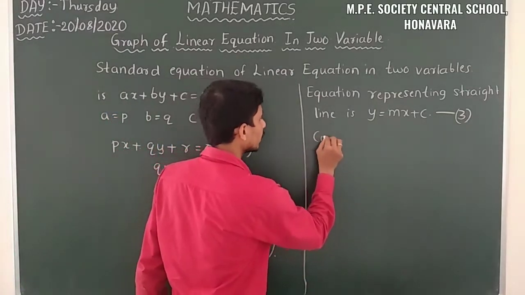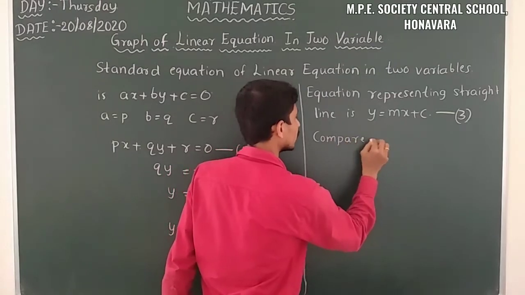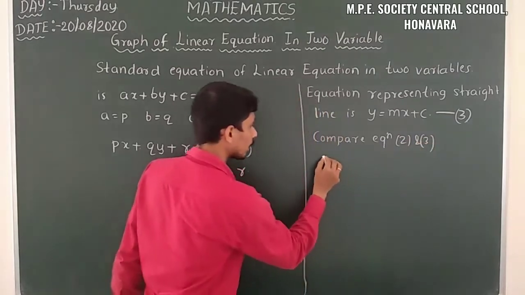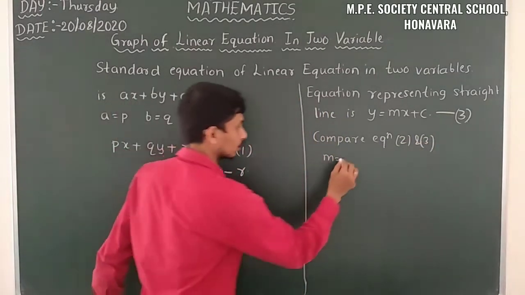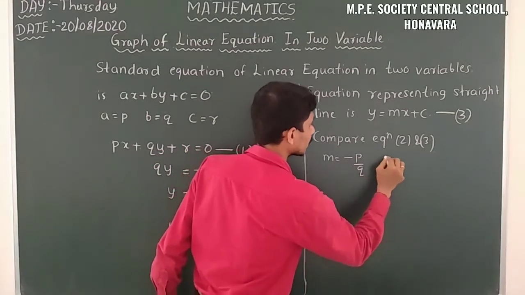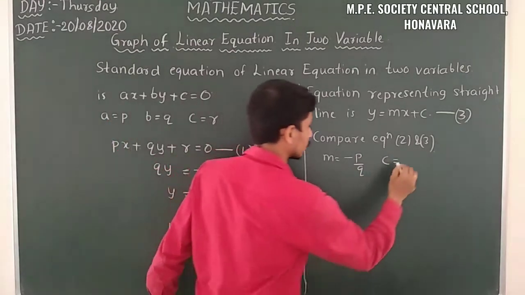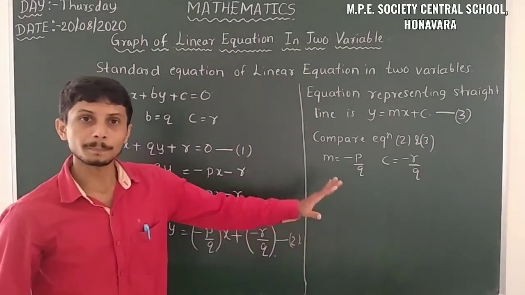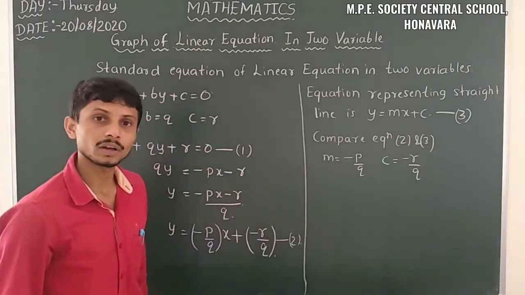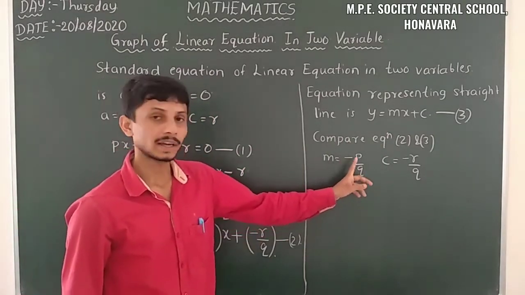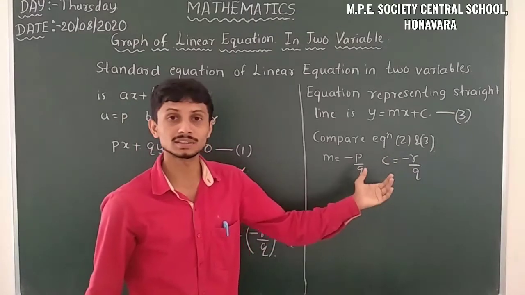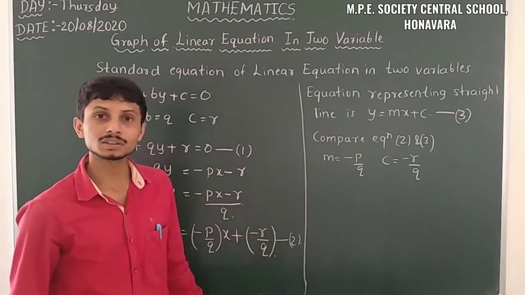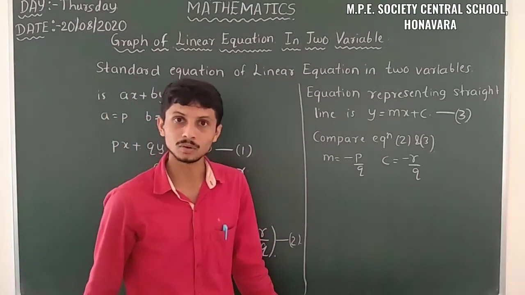So when we insert the value of minus p by q as m and minus r by q as c, it converts into the form of equation 3.